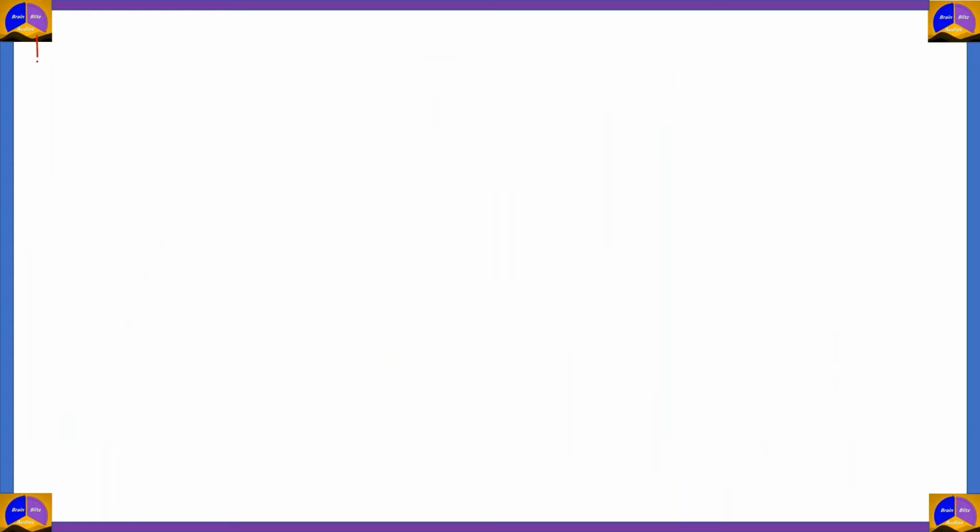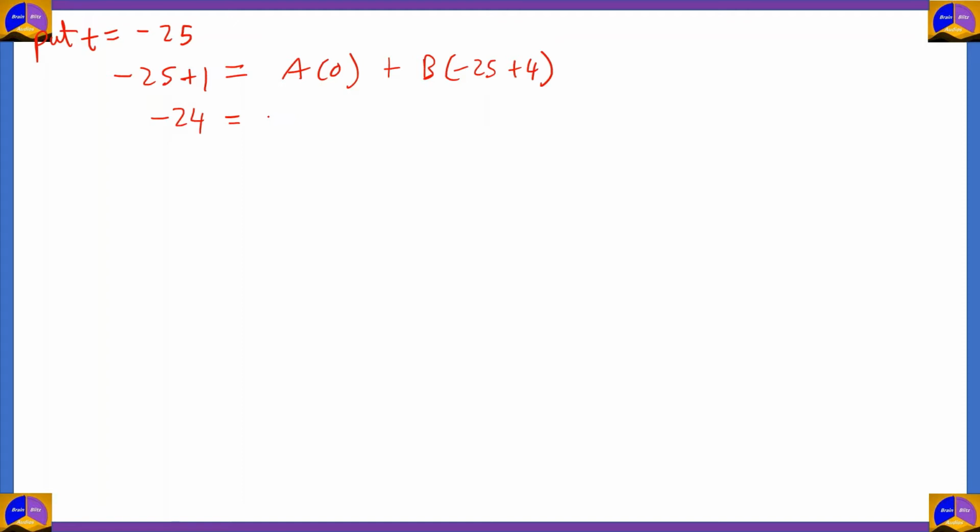Similarly, we put t equals minus 25. This is to remove a. So what do we get? Minus 25 plus 1 equals a times 0 plus b times (minus 25 plus 4). Therefore, we'll get minus 24 equals minus 21b.